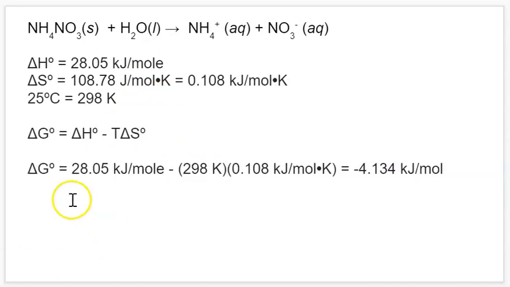So we're going to end up with 28.05 kilojoules per mole minus 298 times 0.108 kilojoules per mole per degree Kelvin. Remember that we converted this into kilojoules. And we end up with negative 4.134 kilojoules per mole. So overall, this is a thermodynamically favorable process.